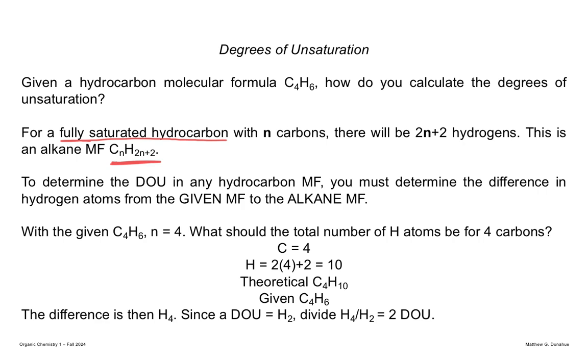So if we were given C4H6, so n is 4, what is the maximum number of hydrogens for 4 carbon atoms?